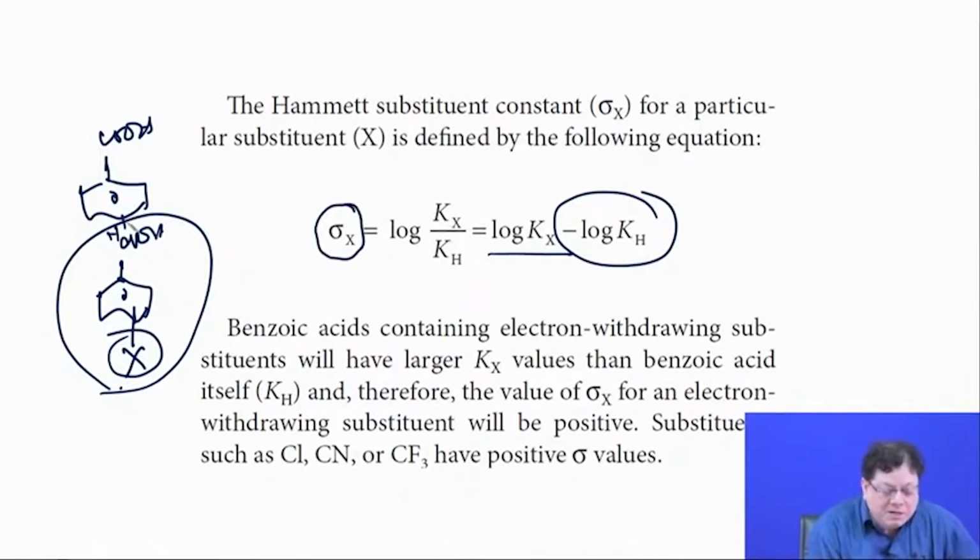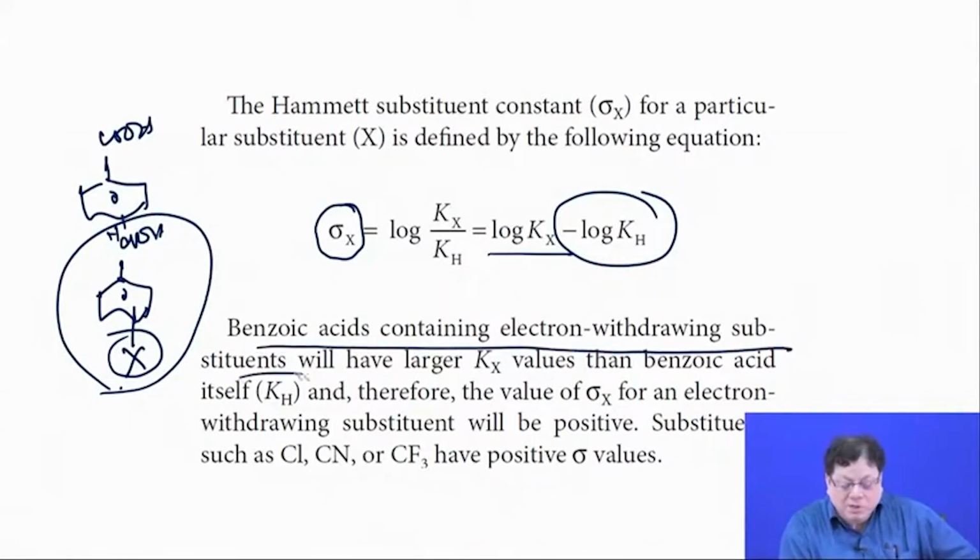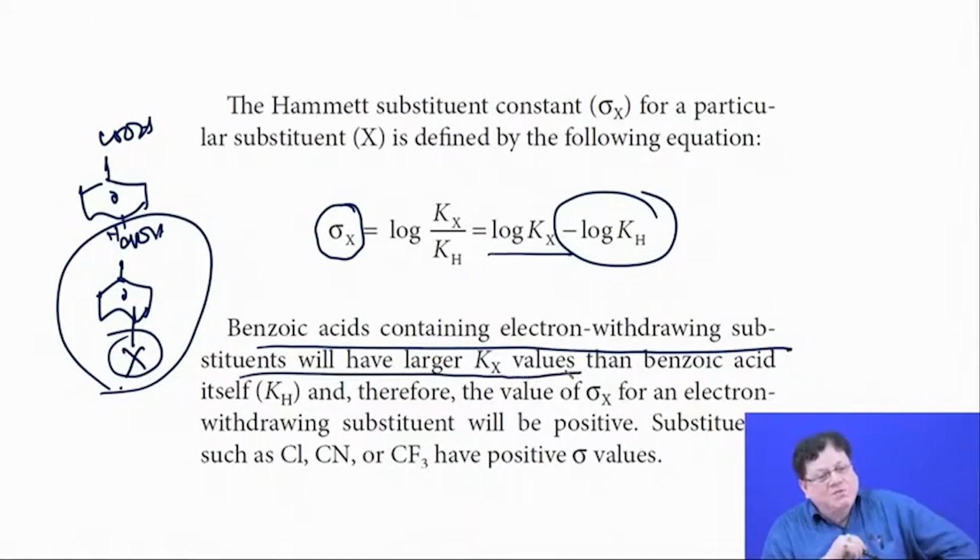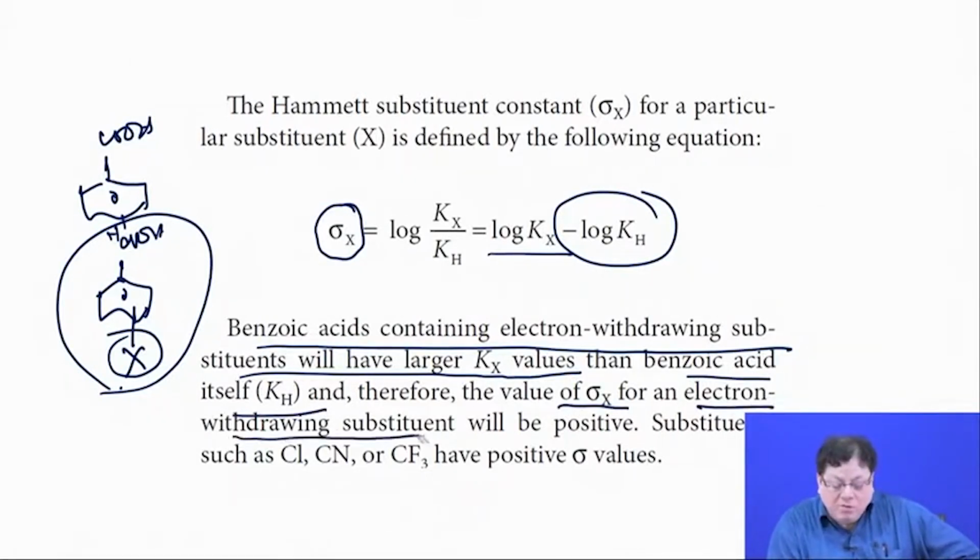Because you know that if it is electron withdrawing, nitro, then this will dissociate more. If it is electron donating, methoxy, dissociation will be less, that we know. Benzoic acids containing electron withdrawing group substituents will have larger Kx values, they will dissociate more than benzoic acid itself, and therefore the value of sigma x for electron withdrawing substituents will be positive.